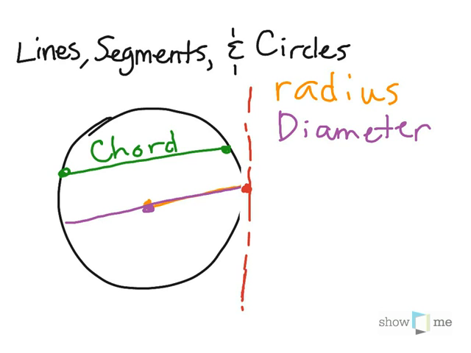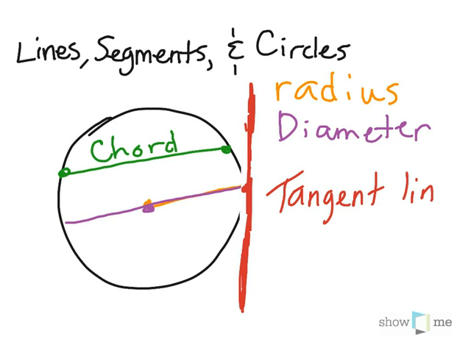So let's see if we can use our imagination here and pretend that I actually drew a straight line here. And it just barely touches the edge of that circle, just kind of glances it, and then it just heads on in a straight line. So it just barely touches that edge. We call that a tangent line.